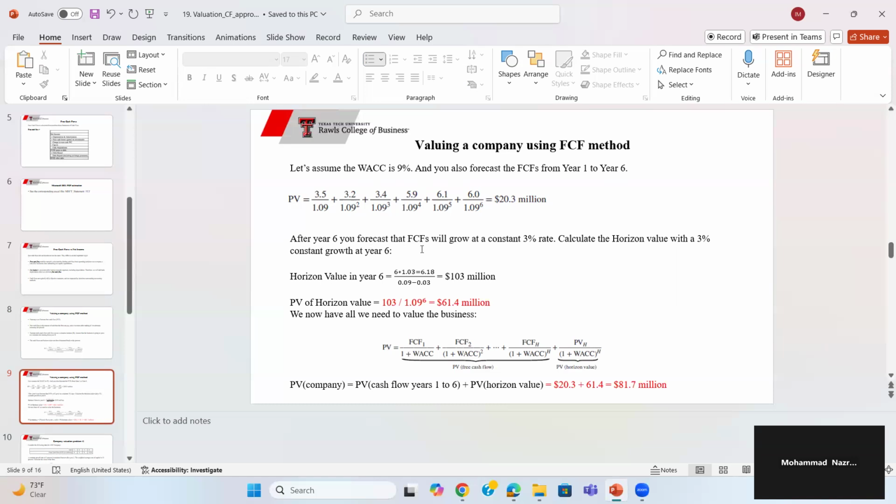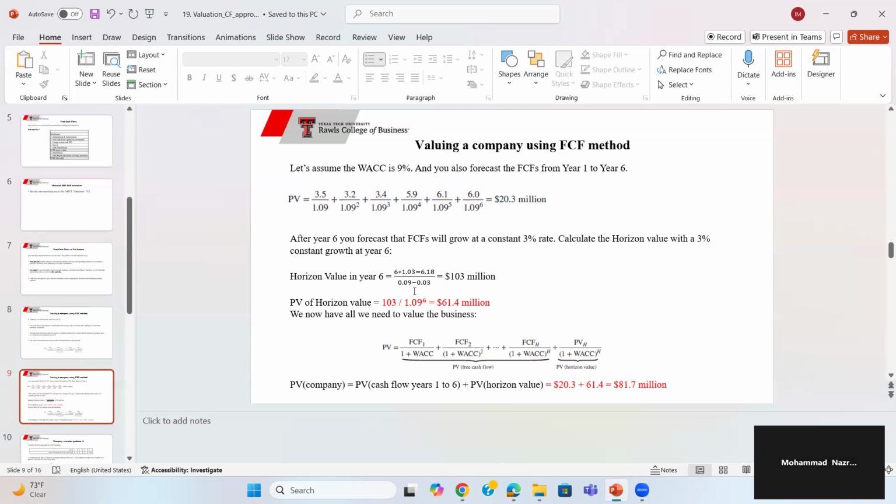After 6 years, you forecast that free cash flow will grow at a constant 3% rate. So after year 6, our new cash flow should be 6.18 instead of 6, and the horizon value has a 3% constant growth rate at year 6.